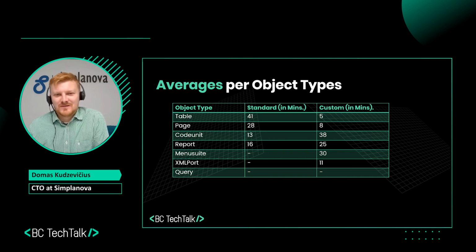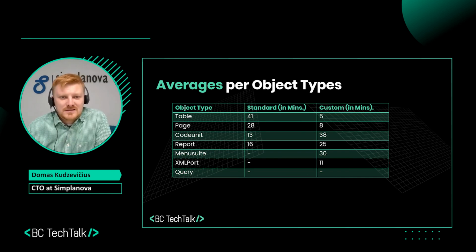And I've split all these averages into two groups, the standard objects and the custom objects. As an example, if you have, I don't know, the payment terms table changed, it means that you have to multiply by the value for the standard table. And if you have your own custom table built, then you have to multiply by the custom value.